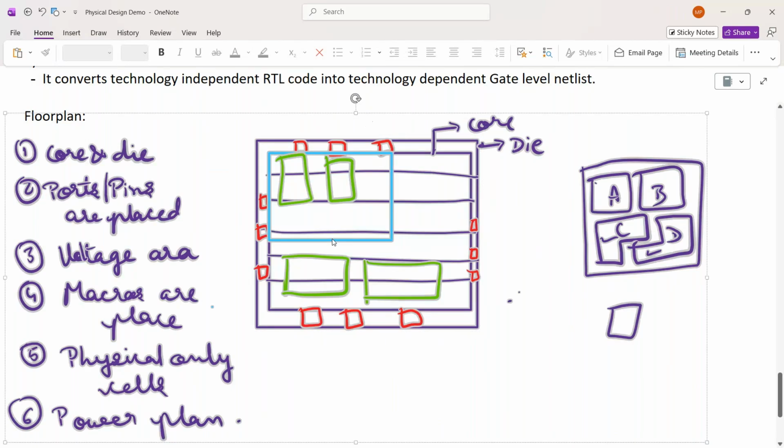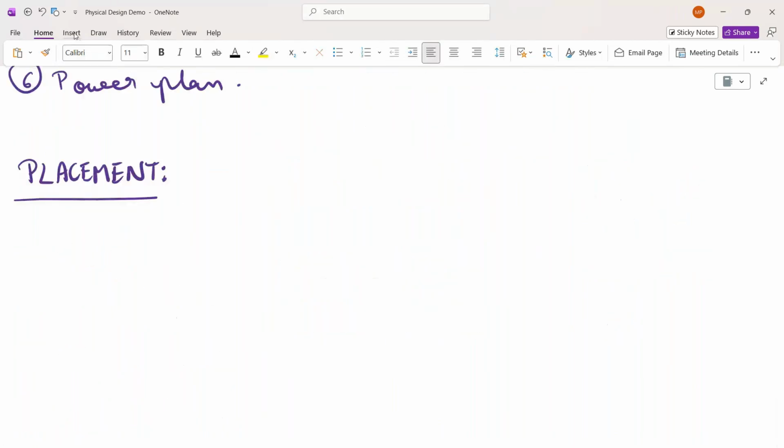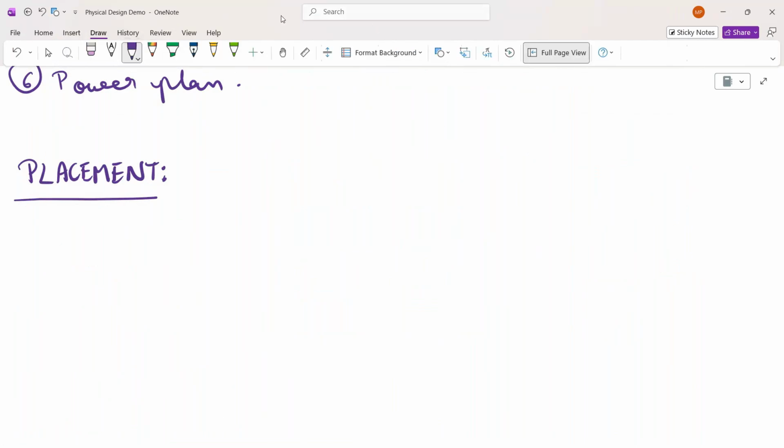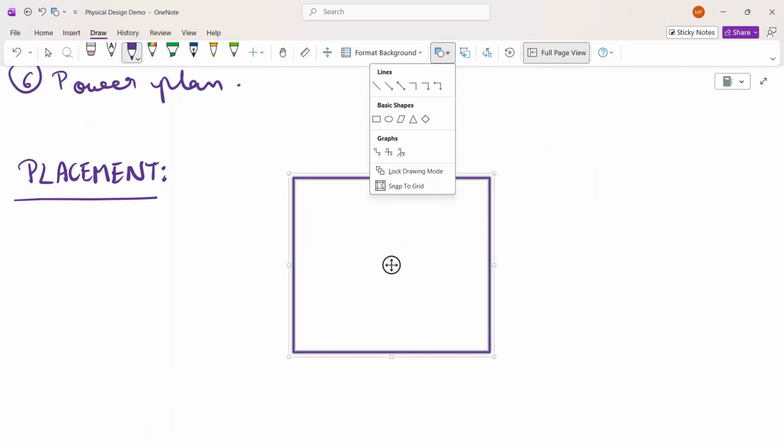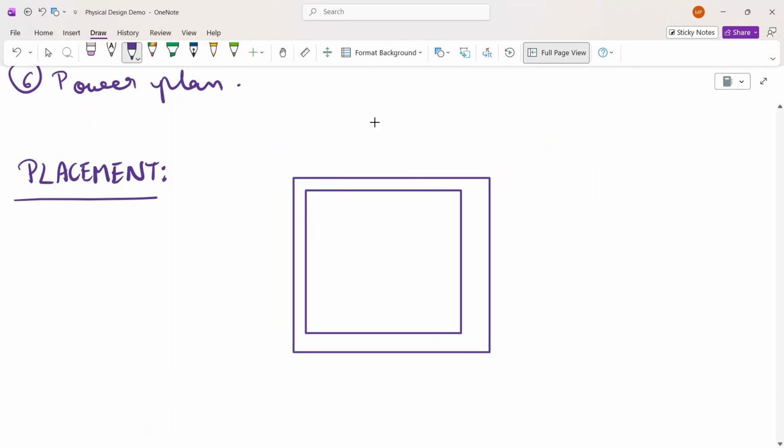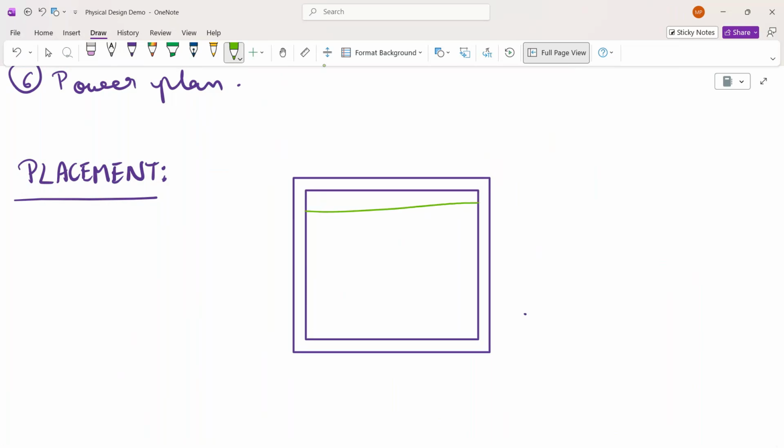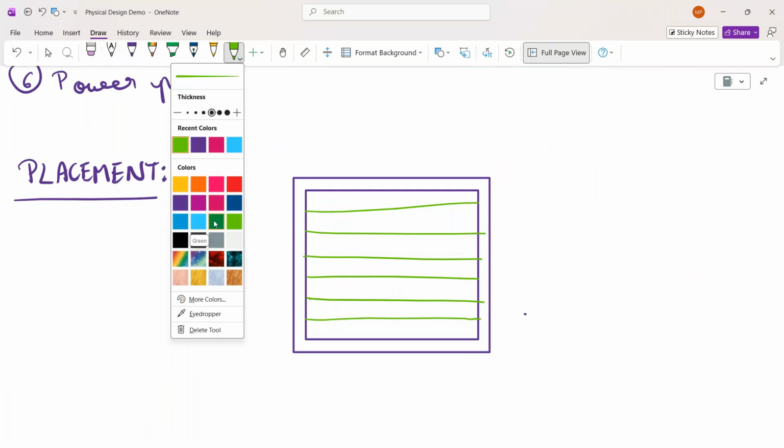Now, when you come to placement, after the placement you will see the standard cells also placed. If this is your core and die, these are called site rows. The standard cells are expected to sit exactly on the site rows.